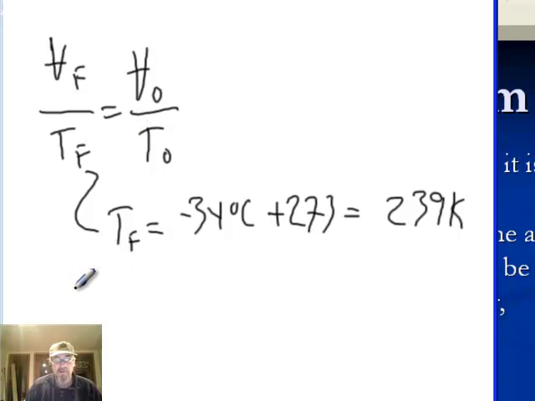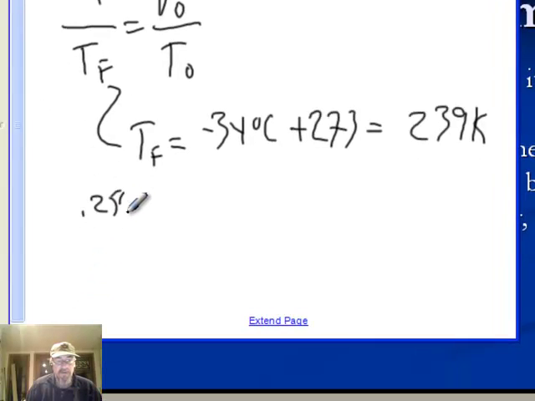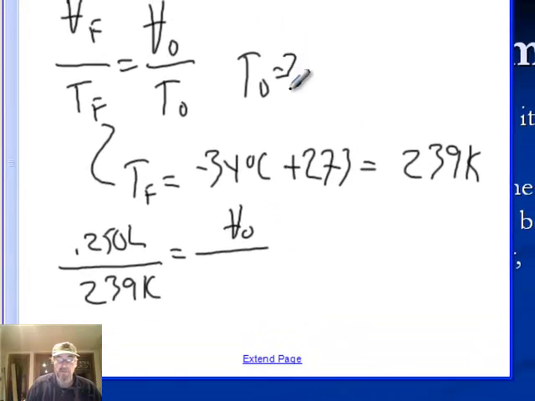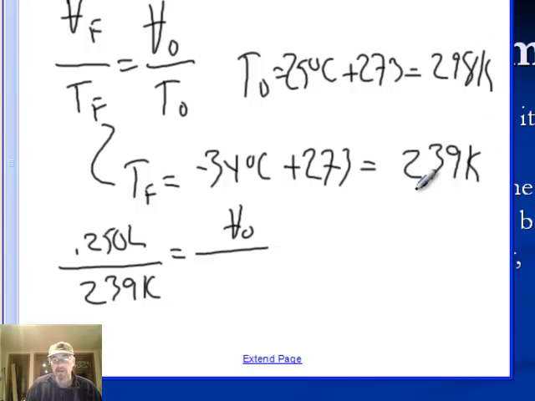So rewriting this, we can say volume in the freezer, that was 0.250 liters, over temperature in the freezer, 239 kelvins, is equal to volume outside, that's what we're trying to find, divided by the temperature outside. Well, the temperature outside was 25 degrees C. If you add 273 to that, you come up with 298 kelvins.